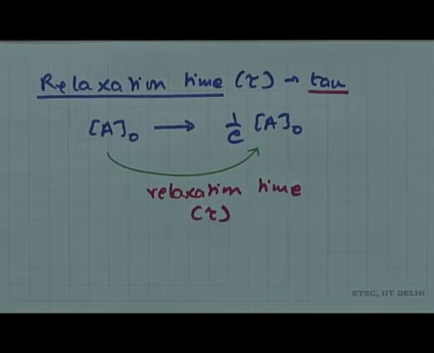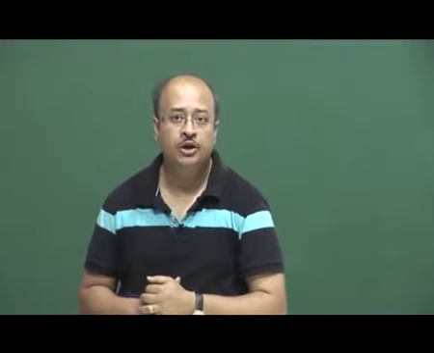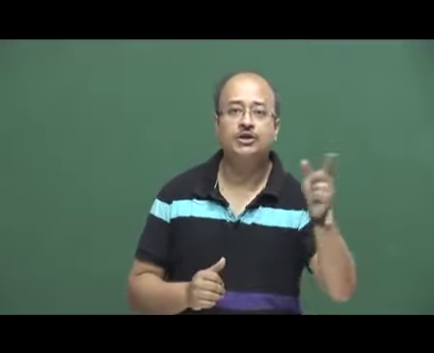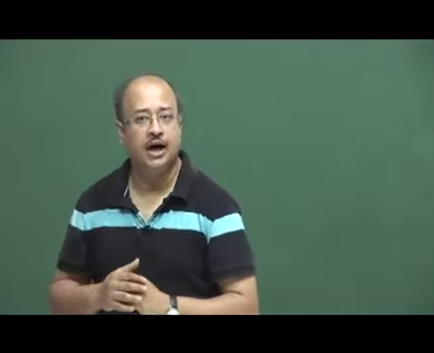So, again, what is the relaxation time? It is the time for A to decrease to that concentration which is 1 by e of its original value. What was t half? t half was the time it takes to decrease to half of its original value, that is half A naught.